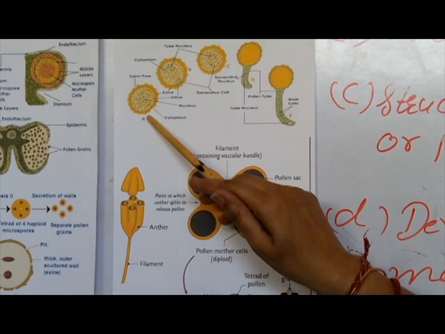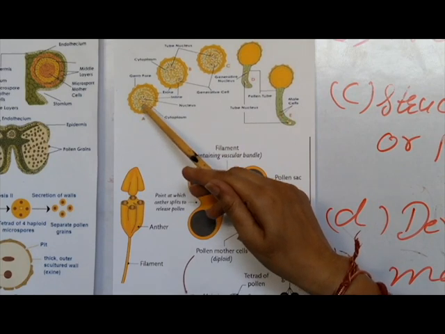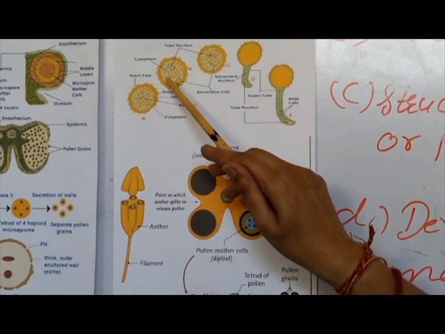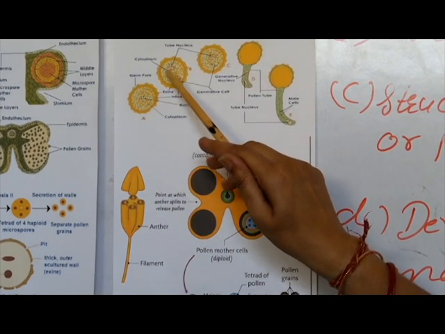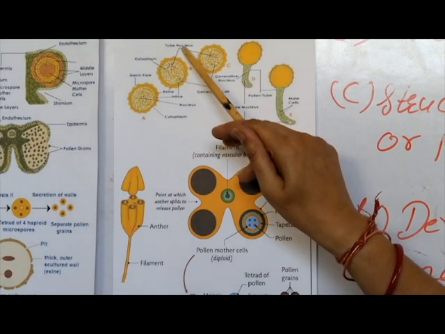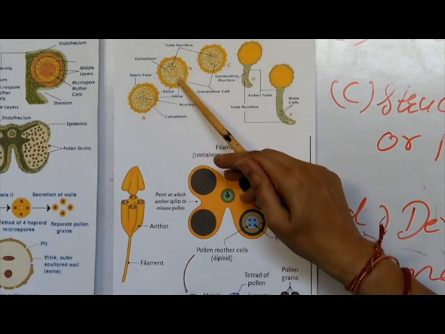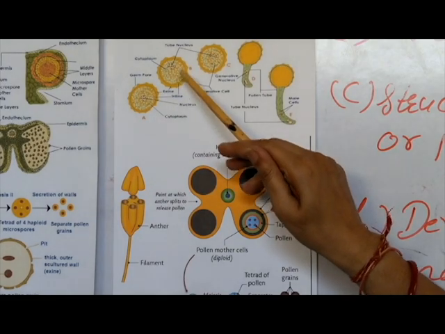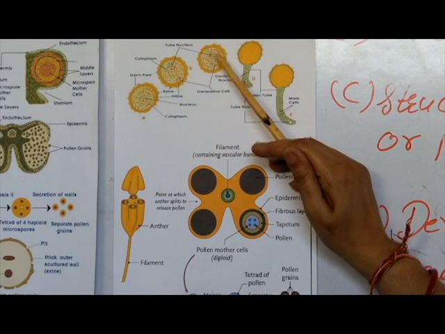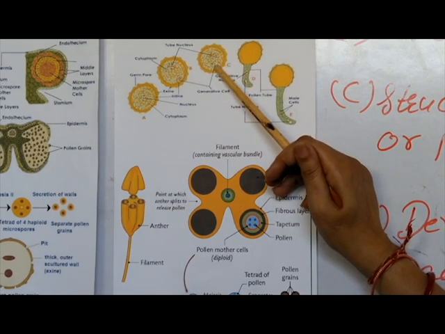Because the pollen grain is already haploid and a haploid cell always undergoes mitotic division. By this division, its nucleus will be divided into two parts. Upper you can see the tube nucleus. It is also called the vegetative nucleus, and lower the generative nucleus. Later on, these nuclei get surrounded by cell wall and form the vegetative cell and the lower generative cell.